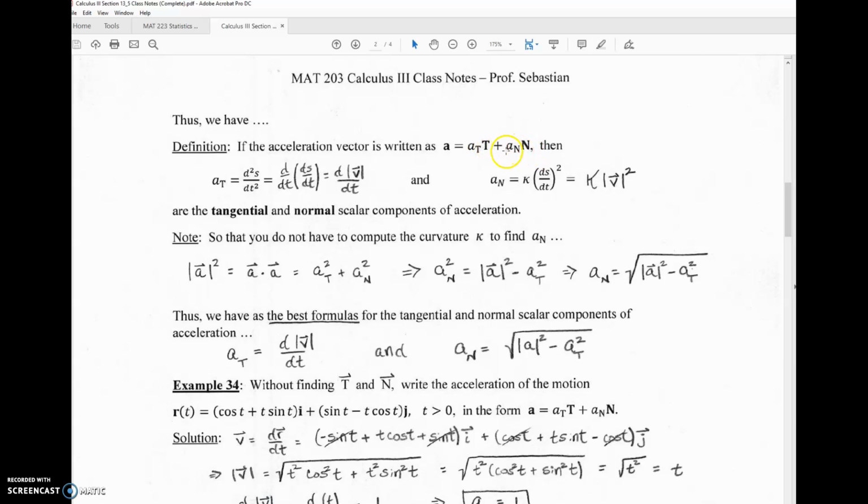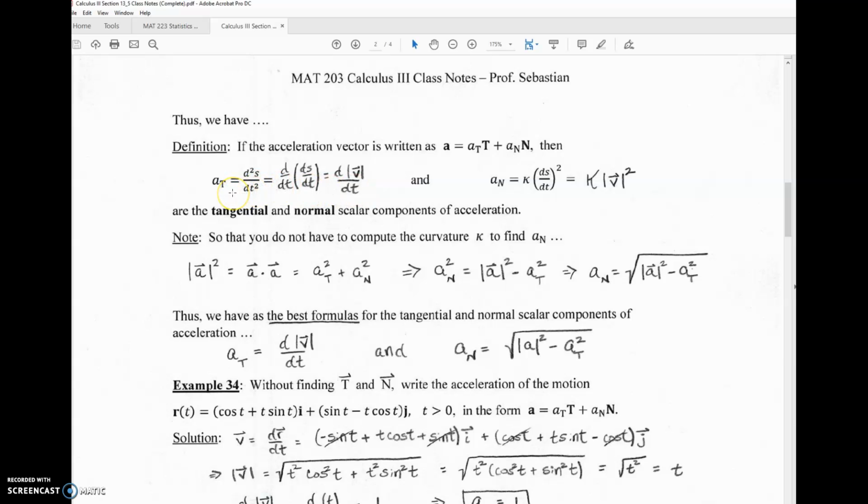Instead of something times i plus something times j plus something times k, we can think of it like this, which is very useful for applications. This is what's called the tangential scalar component of acceleration, a sub capital T, and a sub capital N is the normal scalar component of acceleration.